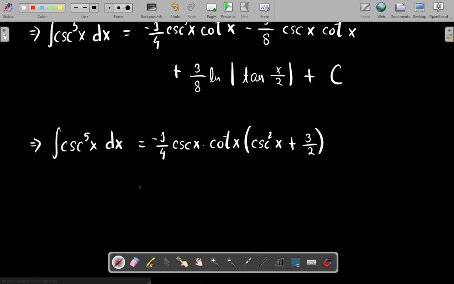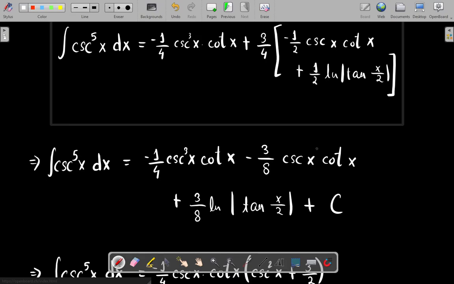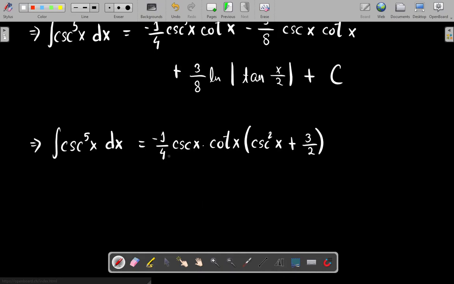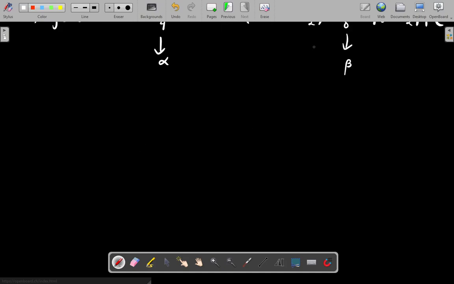Minus 3 by 8 cosec x cot x, and the first term is minus 1 by 4 cosec cube x cot x, and the other term is 3 by 8 ln mod tan x by 2 plus c. Okay, so we have got the answer. This is the alpha and this is the beta. Okay, so we have alpha is equal to minus 1 by 4, right?